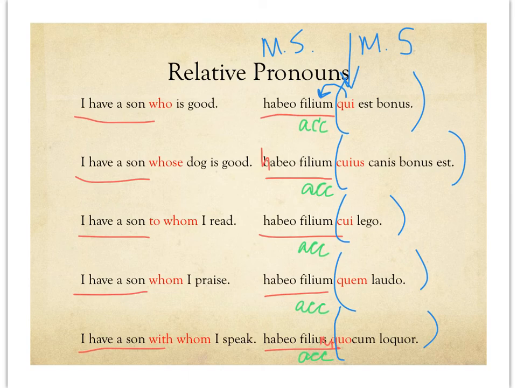So qui est bonus, who is good, or cuius canis bonus est, whose dog is good, cui lego, to whom I speak, or to whom I read, quem laudo, whom I praise, quo cum loquor, with whom I speak. So all of these are going to change depending on how they're being used in their own clause. And we will practice this concept a lot.